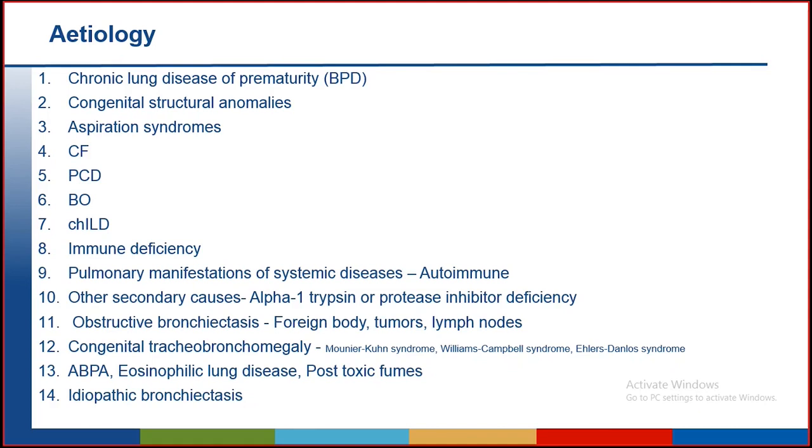Obviously there might be some causes, but still, at the moment, with available techniques, even in developed settings, we are not able to identify the exact etiology of bronchiectasis in some children. That is called idiopathic bronchiectasis.